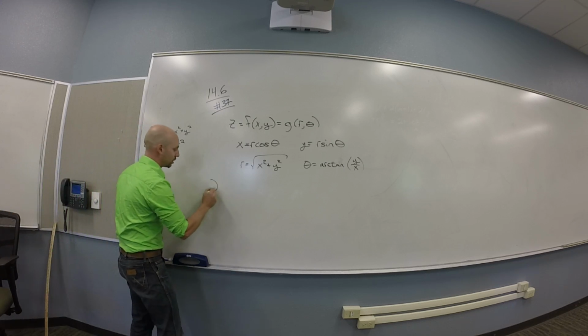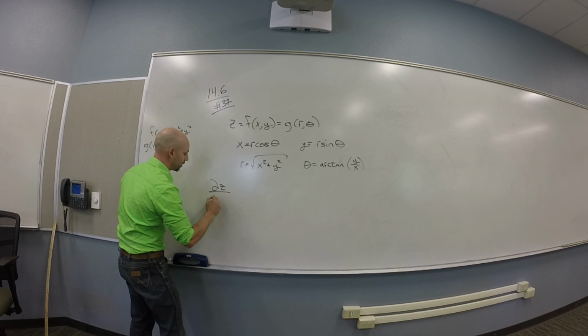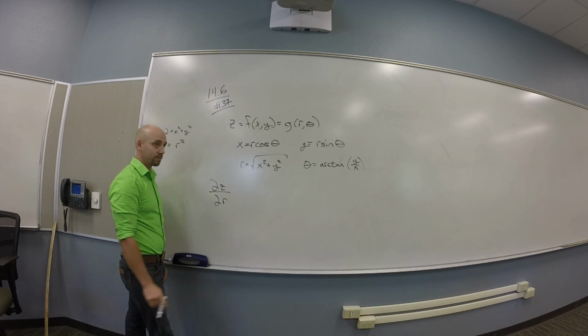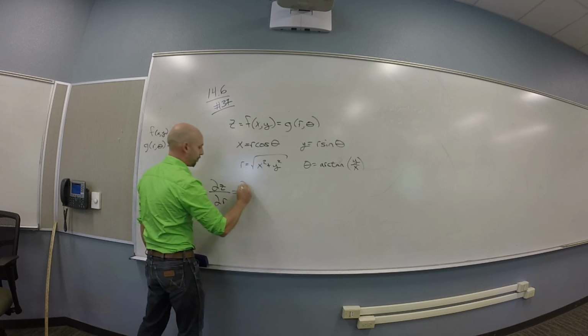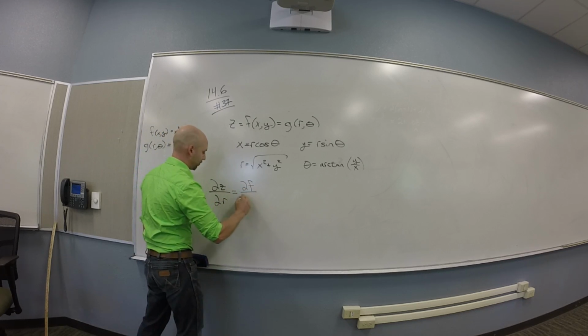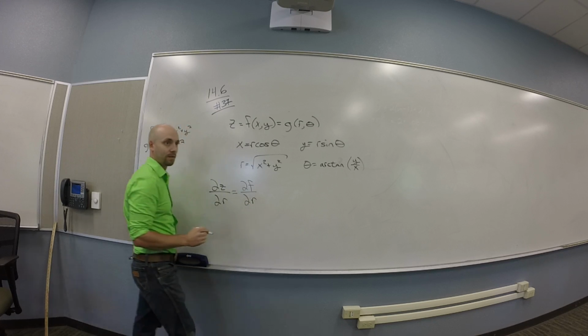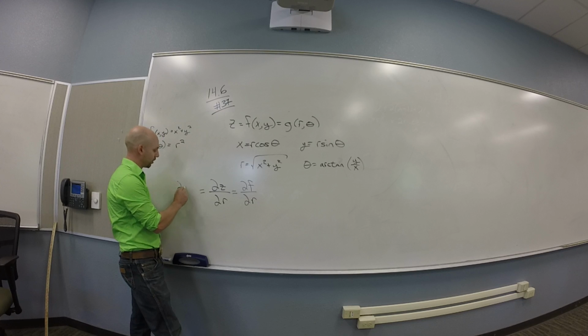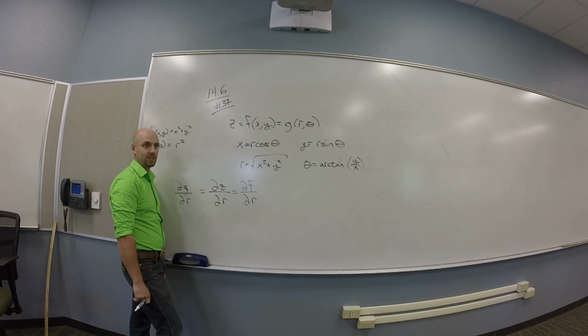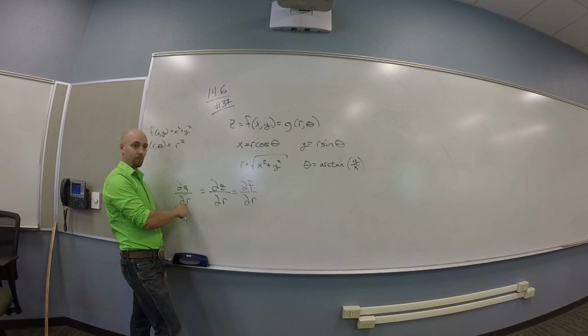So partial z with respect to, say, r should be the partial of f with respect to r on the one hand, and on the other hand, the partial of g with respect to r. This is a straight partial that I would just execute, because g depends on r and theta.